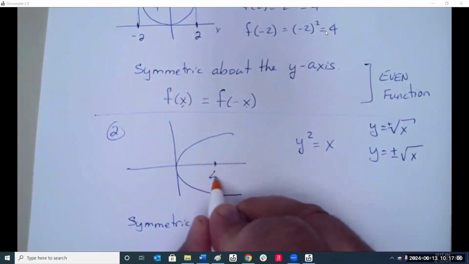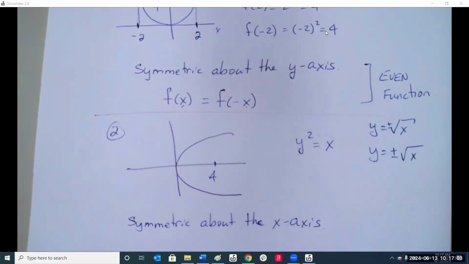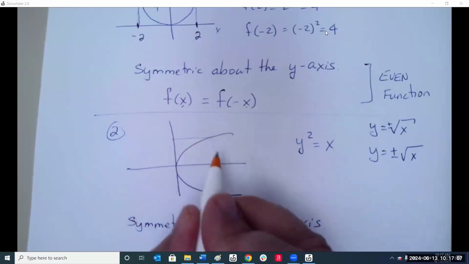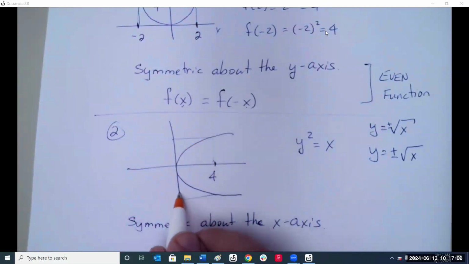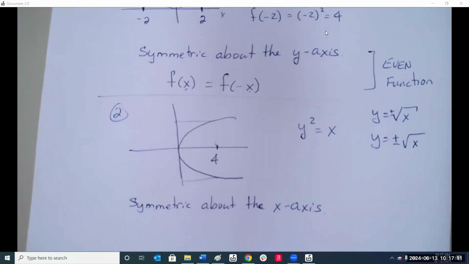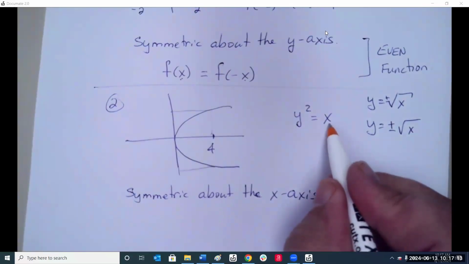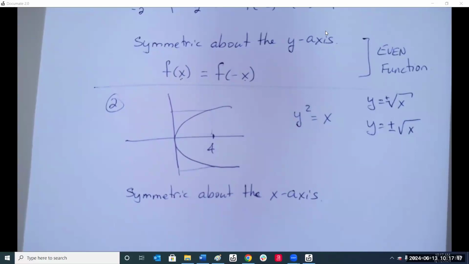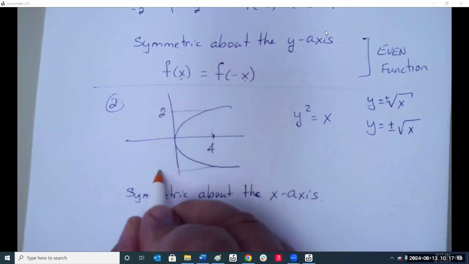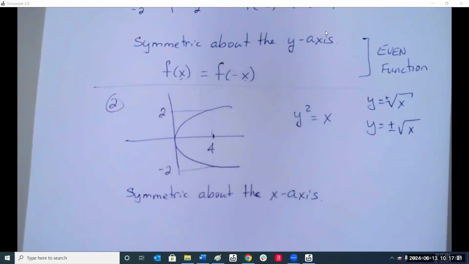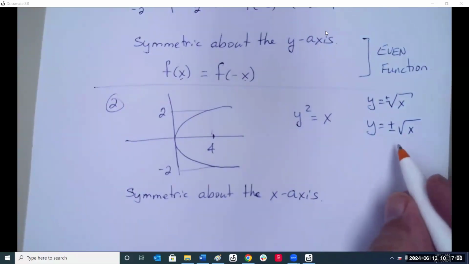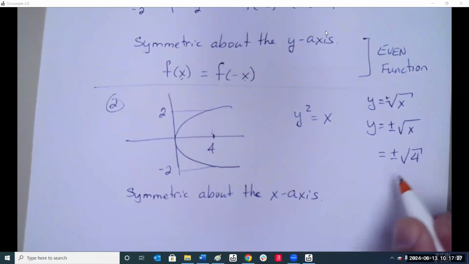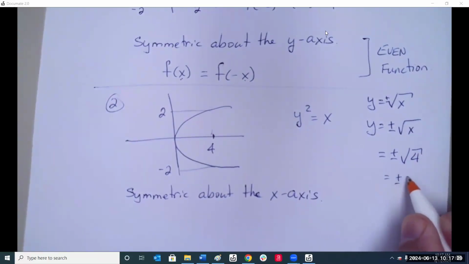Because if x is 4, what values of y can give me that same value? If x is 4, what squared will give me 4 as an answer? +2 and -2. Or likewise, plus or minus the square root of 4 is equal to plus or minus 2.